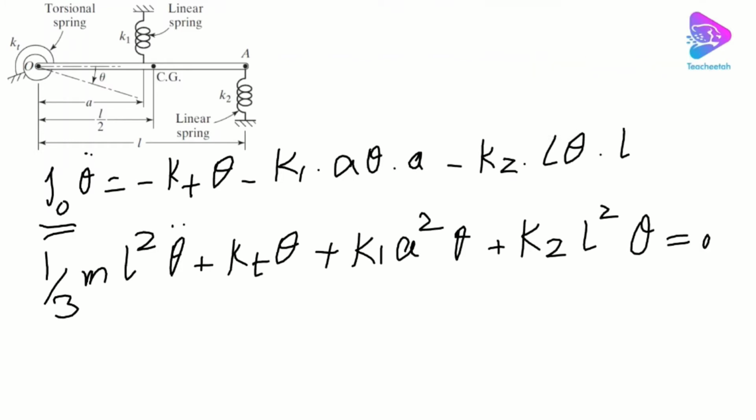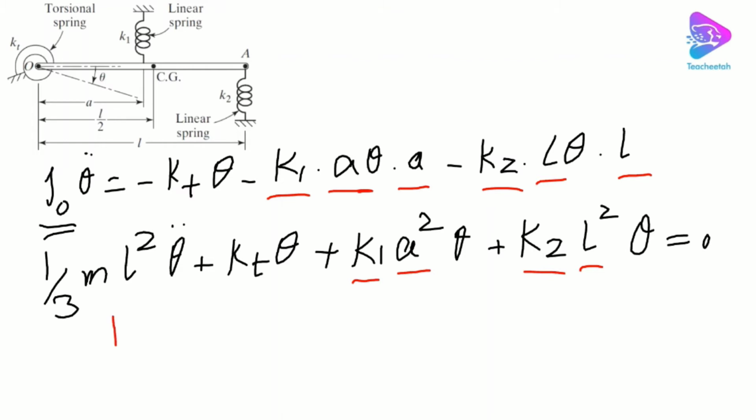Let's take a closer look at this equation. We have A here and A there, that's why we have A squared, and we have k2 and L times L, L squared, and everything goes to the left hand side, so the sign changed to positive. Now we can factor out theta and further simplify it.